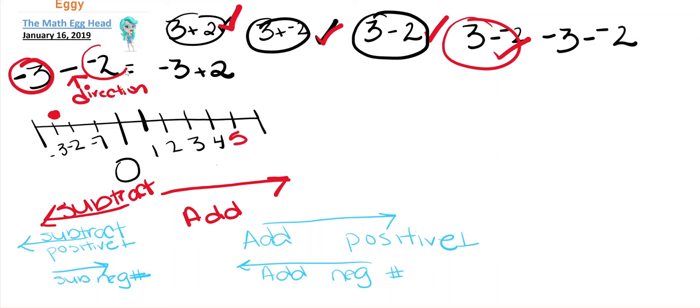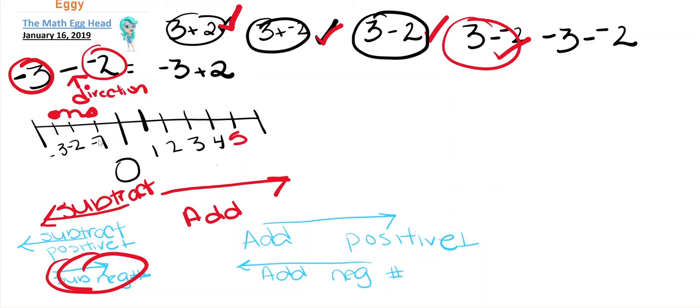We start off at negative 3. We know the direction we're supposed to be headed, which is subtraction. So we know that we're starting on the left of 0. But we are subtracting a negative number. So we know that when we're subtracting a negative number, we're heading towards the right. So let me show you here. Let me just fix this really quick because I wanted you guys to know exactly where I'm starting.